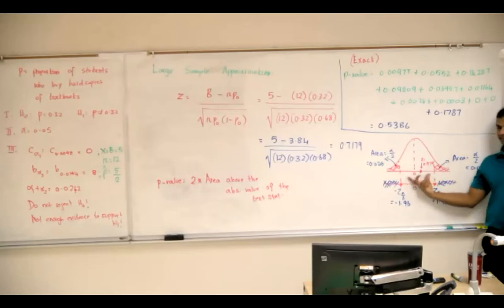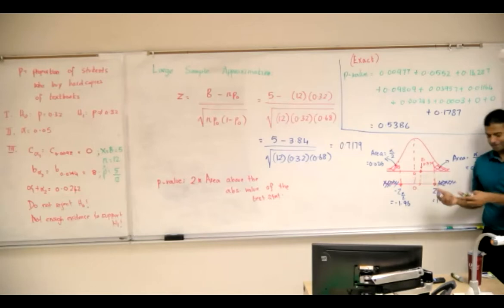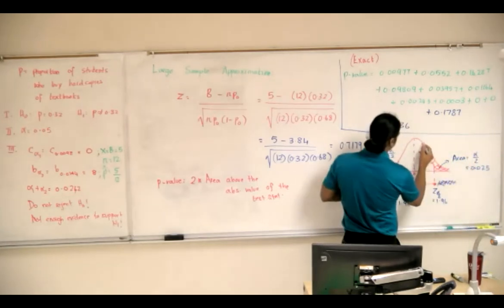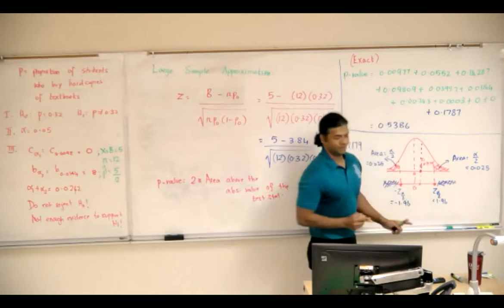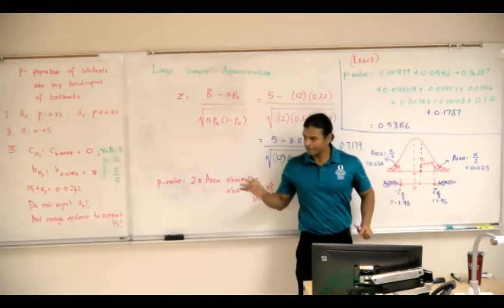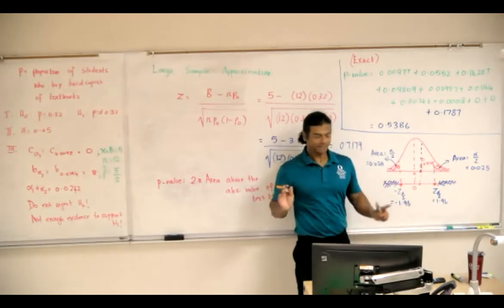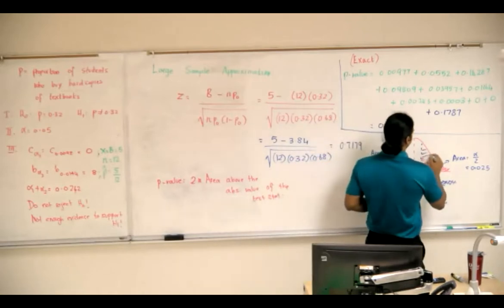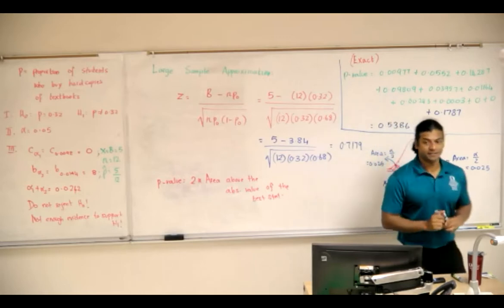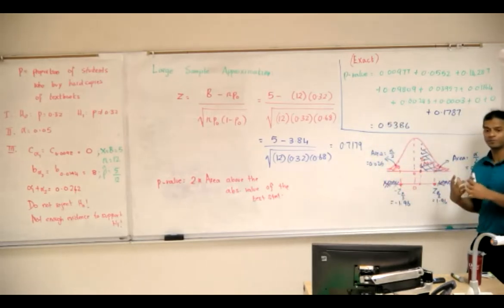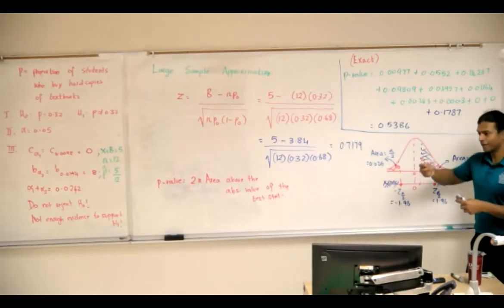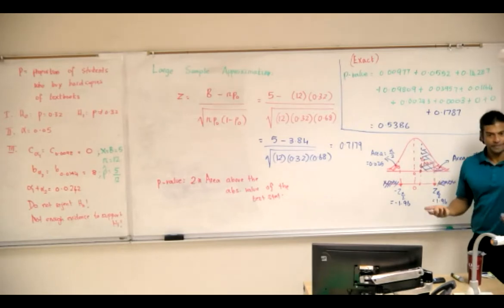One, test statistic falls here. 2, if I found the p-value, I'm going to find the area above the absolute value of the test statistic, which is right over here. That's going to be clearly bigger than 0.05. Yes, it's a huge area. So even before multiplying by 2, I have a huge probability. So when I multiply by 2, it's only going to get bigger.